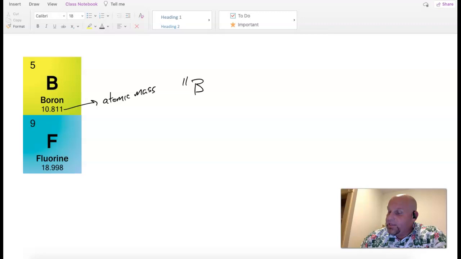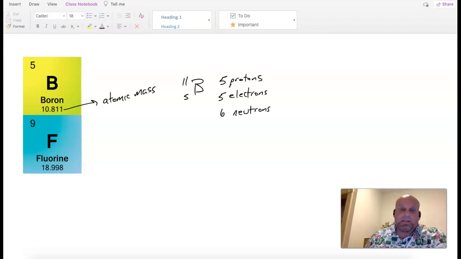So in this case, for boron, I would have 5 protons, 5 electrons, and 11 minus 5, or 6 neutrons.